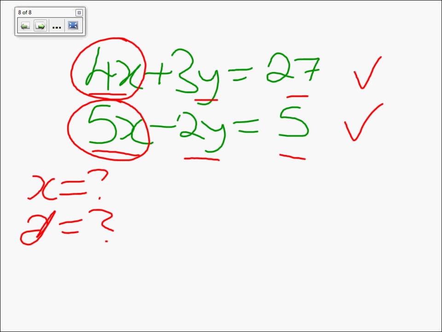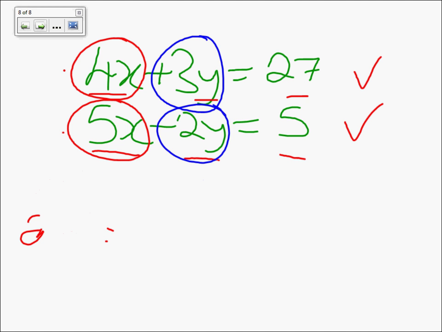In order to get rid of the terms in x, we must make these two equal. Or if we choose to eliminate the term in y, we must make these two equal. How do we achieve this? Simple and straightforward. Let's go to the next stage.